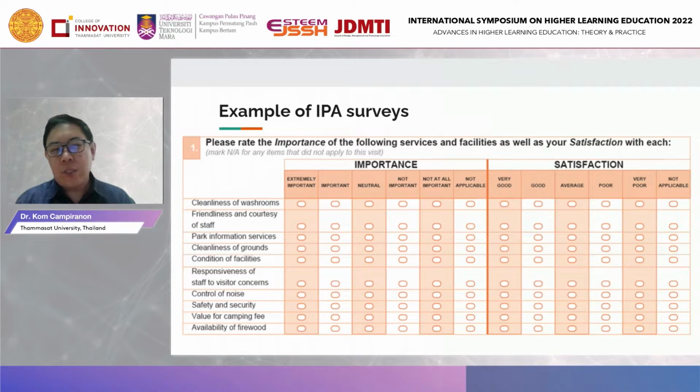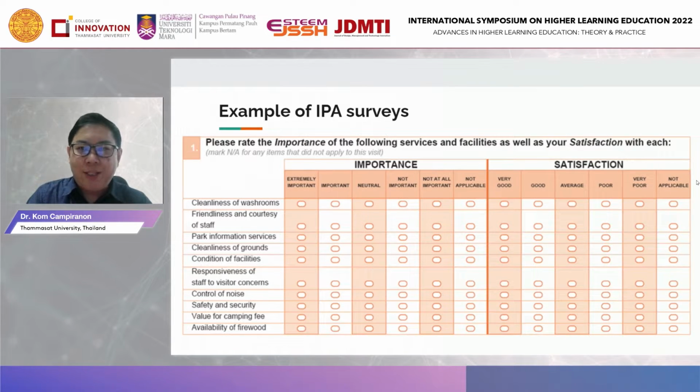So you can see that for staff friendliness, the importance might be only 3, but the satisfaction is a lot higher, right? So that's a positive gap. You can see that it's quite similar to ServQual, but again, they're measuring different aspects. Now, in the next few minutes, we're going to do a workshop together, right? So I'll explain to you exactly step by step how to do it.